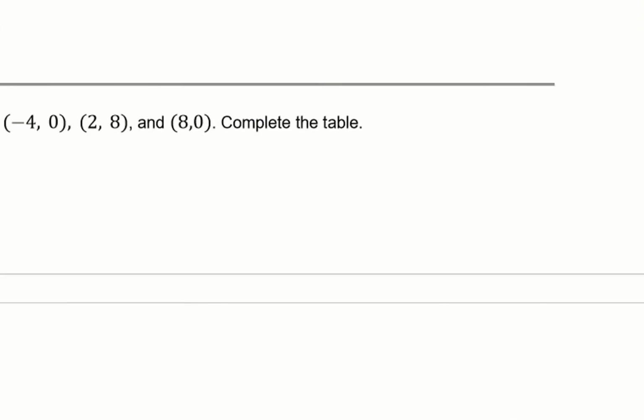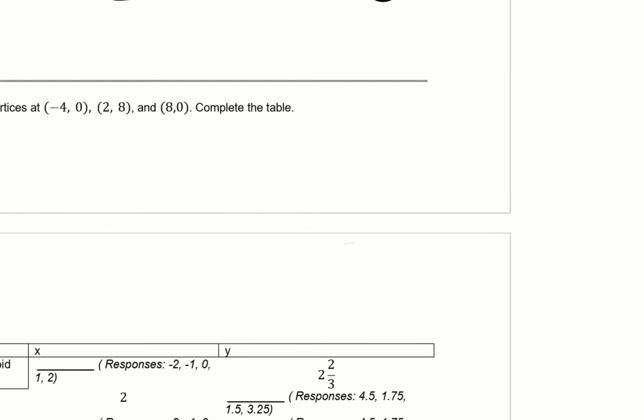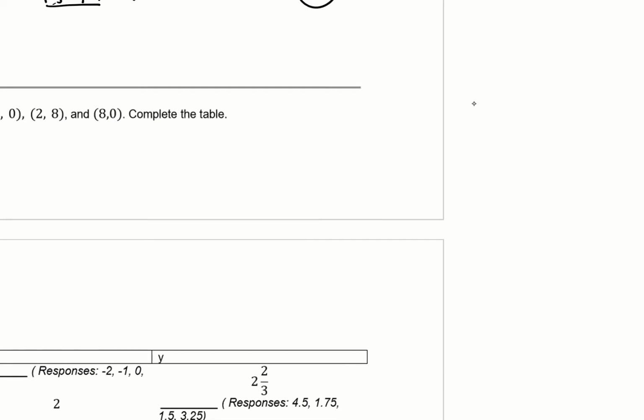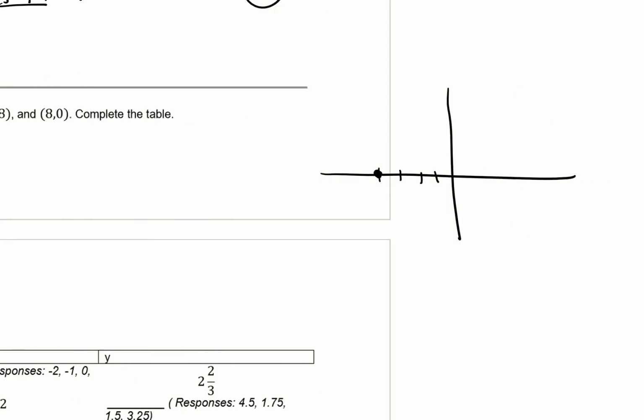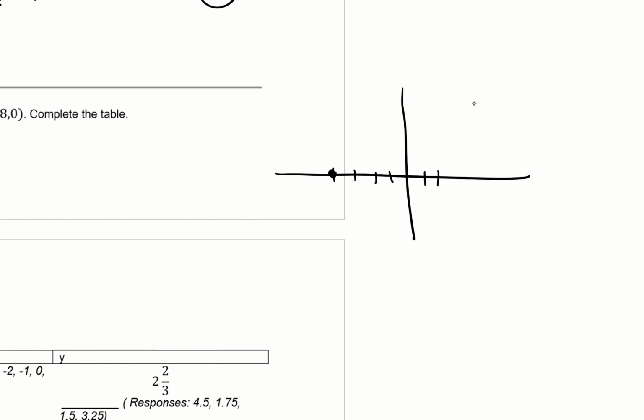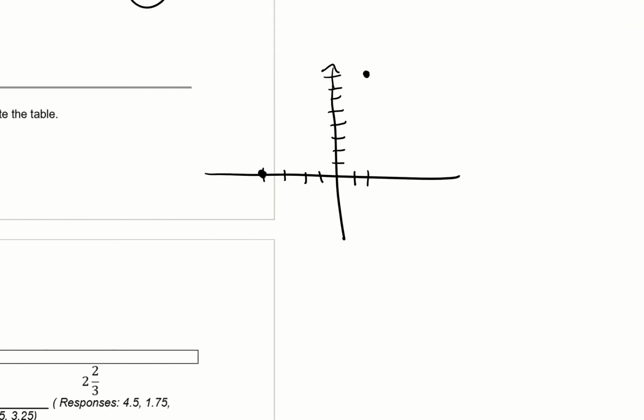All right, so let's go and draw our triangle. So this is our triangle.